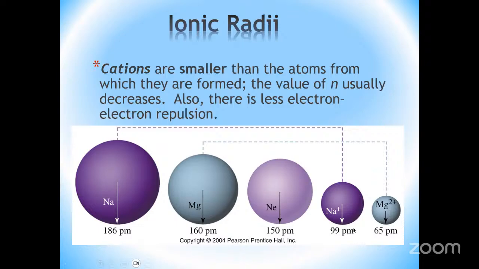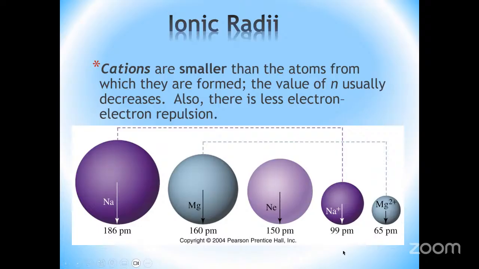That can be seen in this diagram right here. If you compare the sodium atom to the sodium ion, the sodium atom is 186 picometers in terms of its ionic size. The sodium ion is 99 picometers, so it's almost reduced by half compared to the atom from which it's formed.